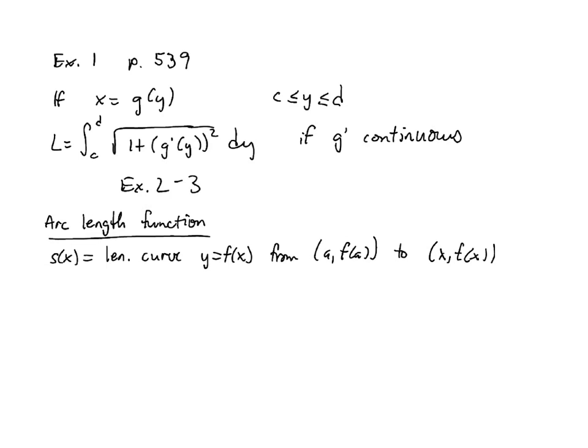Those are 2 points on the curve, a starting point and an ending point, and we just plug straight into our formula from a second ago. So this is the integral from a to x of the square root of 1 plus f prime of t squared dt. Notice that I use t for my integration variable because the variable x is being used to describe my endpoint. So this is the so-called arc length function, and we'll give a computation of this on the next page in a second.